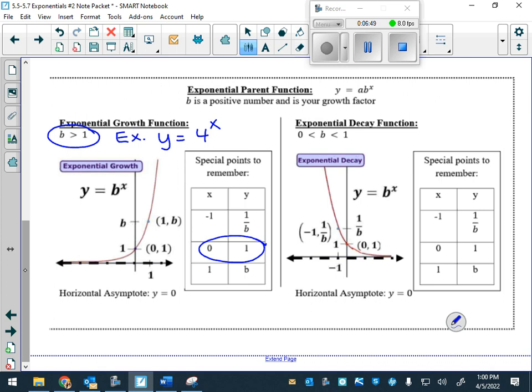Now, for this function, the horizontal asymptote, the boundary line, is y equals 0, and you denote it with a dashed line, but it has to be written as an equation. Y equals 0 is your horizontal asymptote. Why wouldn't it be x equals 0? Liam?